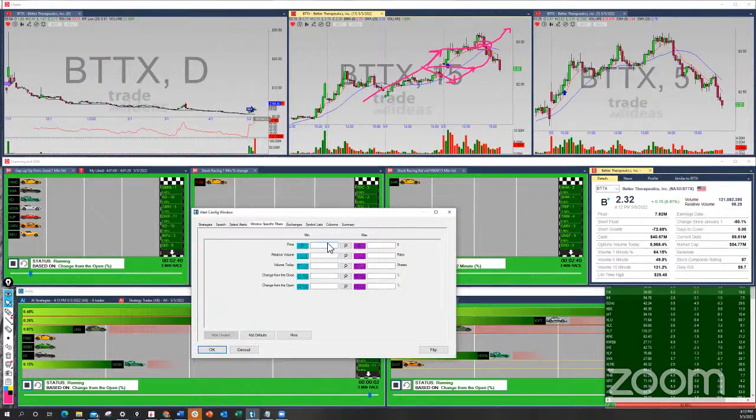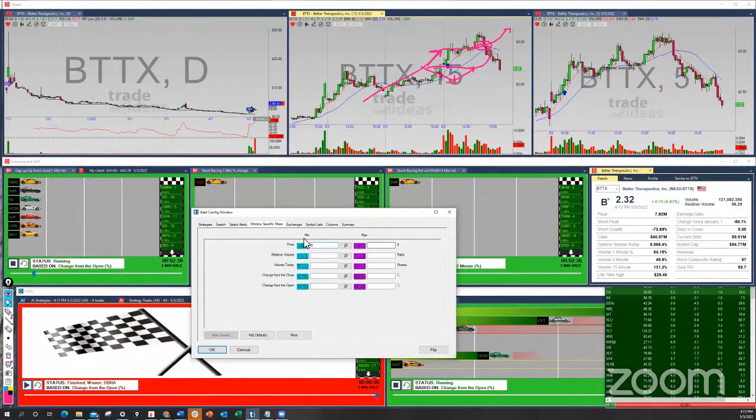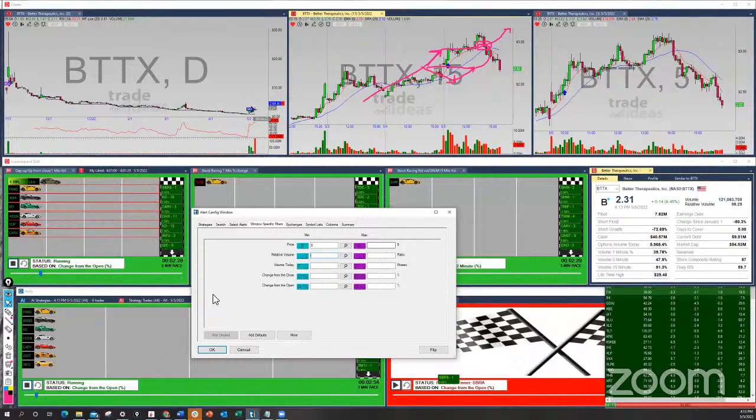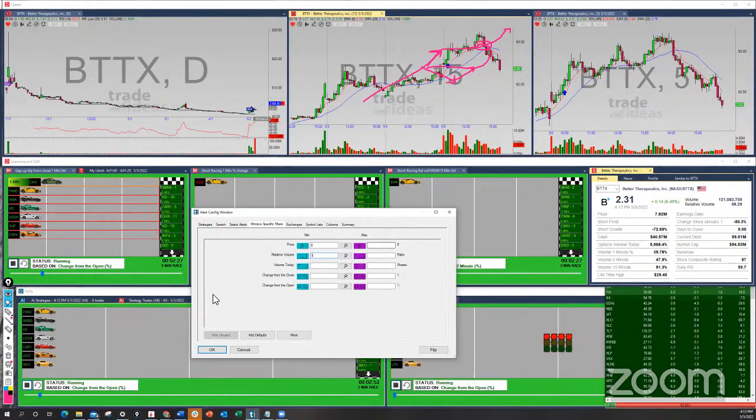So let's go with $8 as a minimum. We won't put a maximum. Always a big fan of relative volume. Make sure we got something kicking on the relative volume, but not too crazy. Let's go 1.7. That sounds good to me.